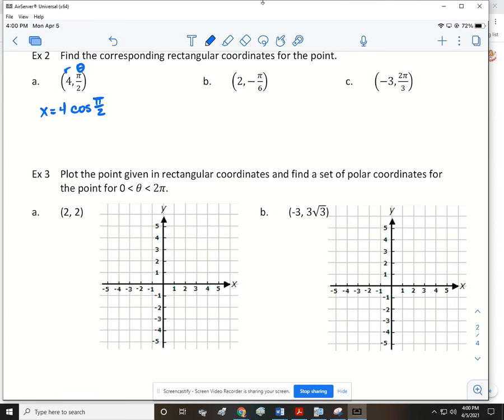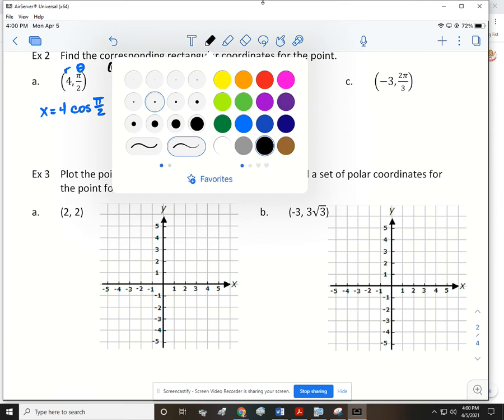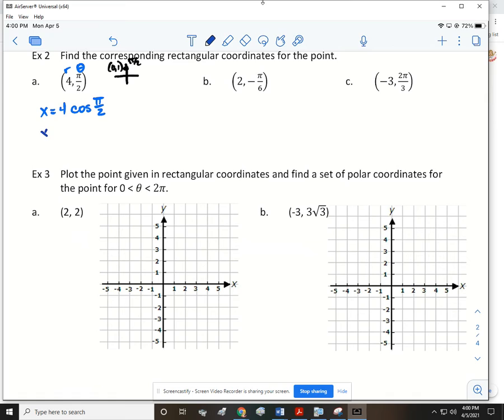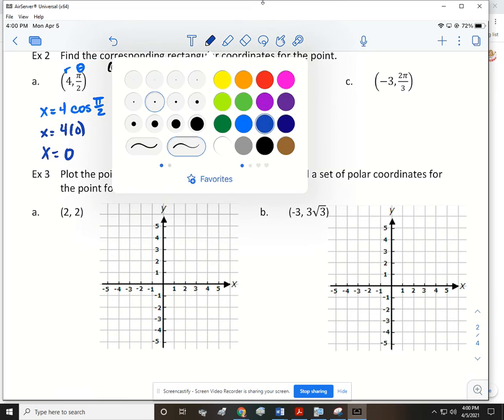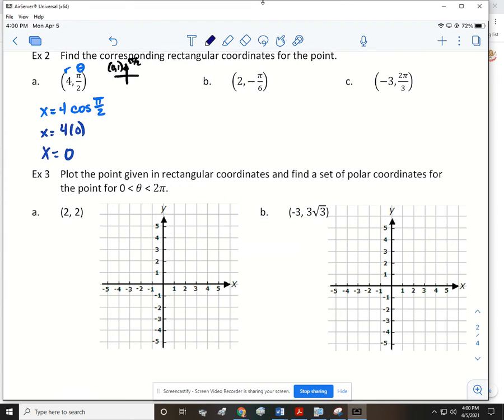Now to find the cosine of pi over 2, I know it is a quadrant angle, and that ordered pair is 0, 1. So if I want the cosine at that point, I just use the x coordinate, which is 0. So our x coordinate for our point is 0. 0 times 4 is 0.